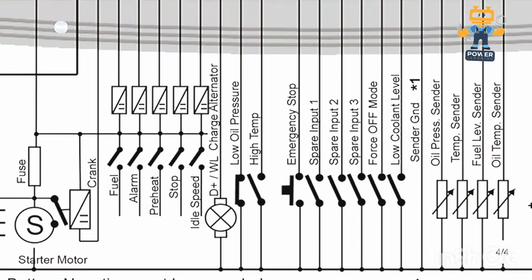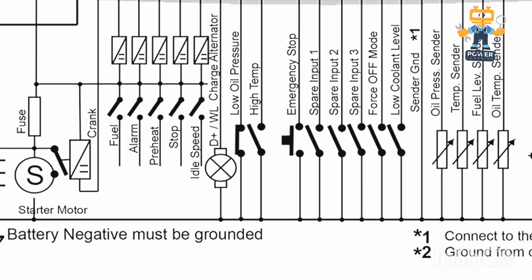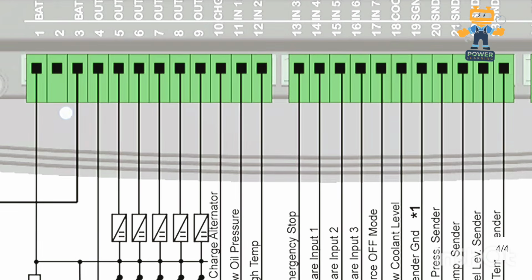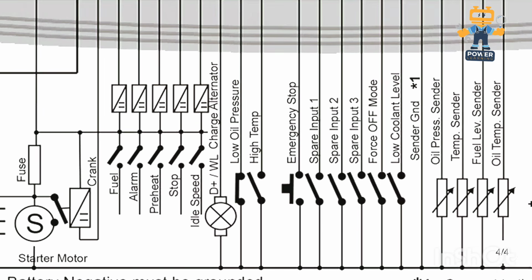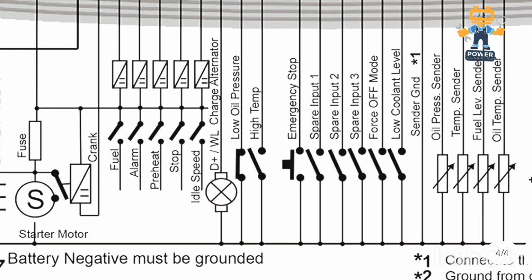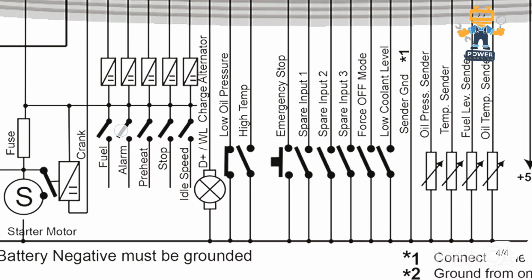This controller is giving you negative output. As you see here, the positive is direct and negative is controlled by the controller. So the output is negative, while in Deep Sea it's positive output. Okay, number 5 you will connect with the fuel relay. Okay, and number 6 you can use for alarm, preheat, stop and idle speed.